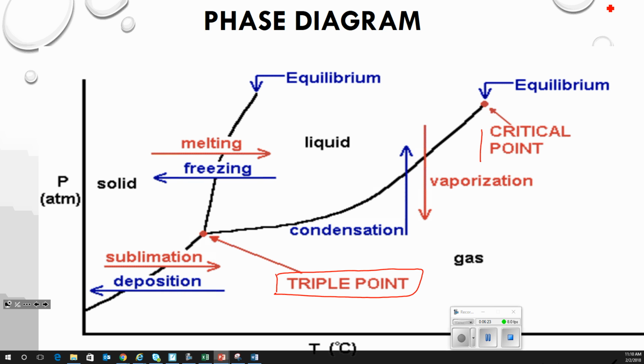The other point we need to worry about is the critical point. Past that point, no matter how much pressure I put on something, the temperature is so high I cannot make it a liquid. We get what's called a supercritical fluid.